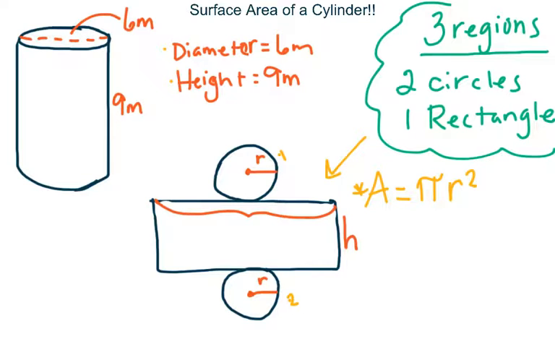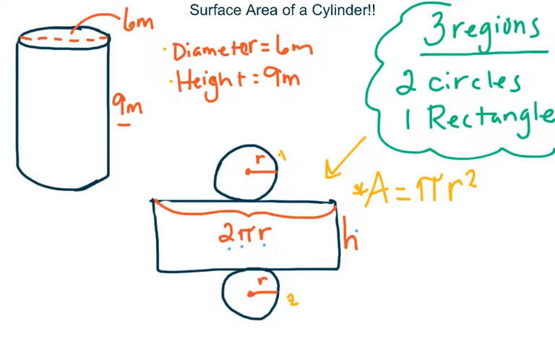So we're going to do the height of the actual cylinder times this whole side over here, which is 2 times pi times the radius. Instead of saying length times height, we say 2 times pi times radius times the height.